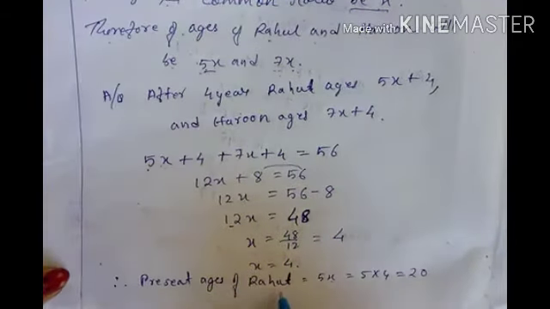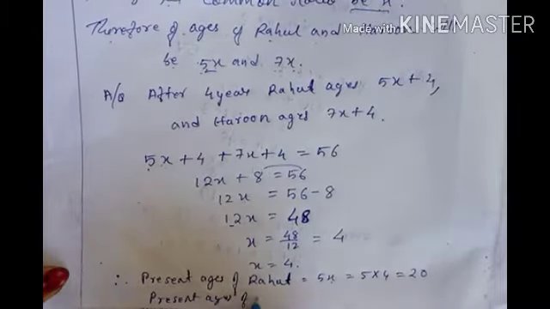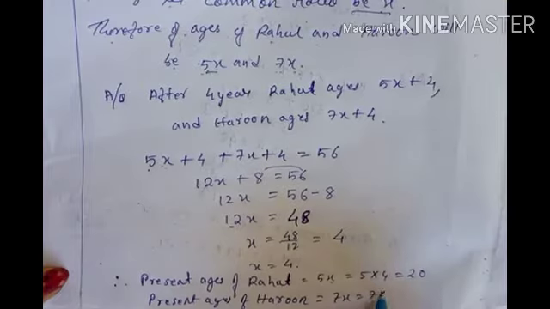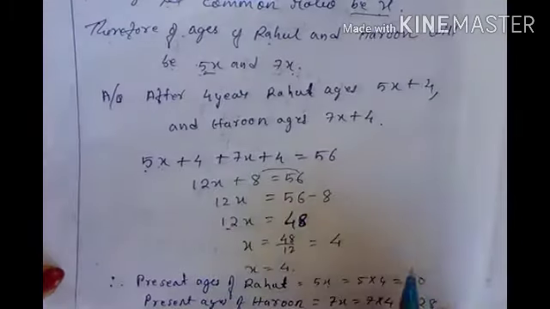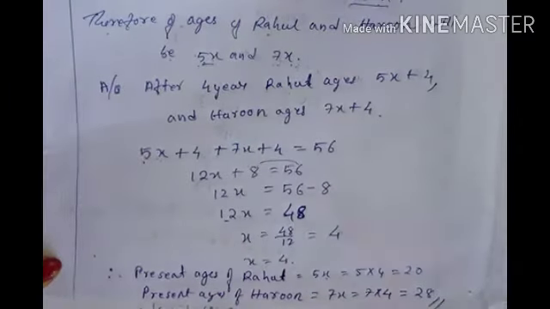So the present age of Rahul is 20 years. Again, the present age of Harun will be 7x, which means 7 into 4. So it is 28. So their ages are 20 and 28. Hope you have understood.